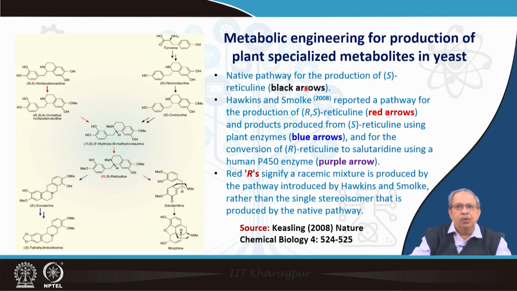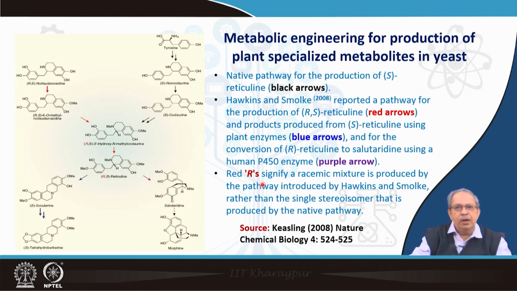The native pathway for the production of reticuline is shown in the black arrow, and the product of reticuline is shown in the red arrow. For the conversion of reticuline to salutaridine, a human P450 enzyme is used, which is shown in the purple arrow. That means a human P450 gene can be expressed in the plant, and as a result reticuline can be made into salutaridine, which ultimately can be used to produce morphine.